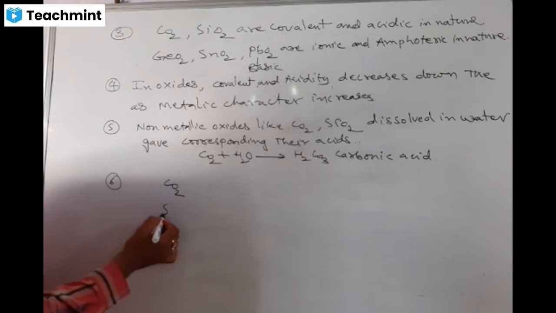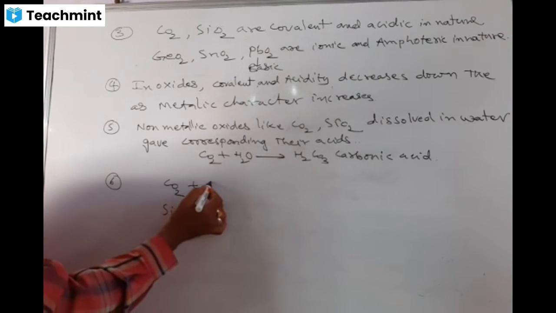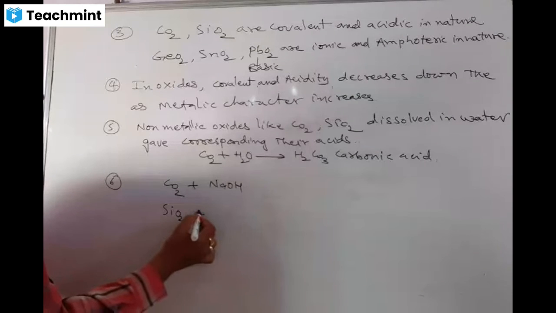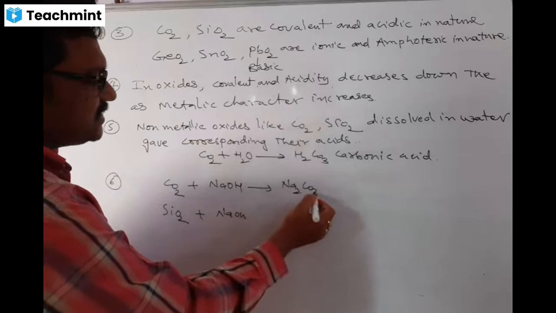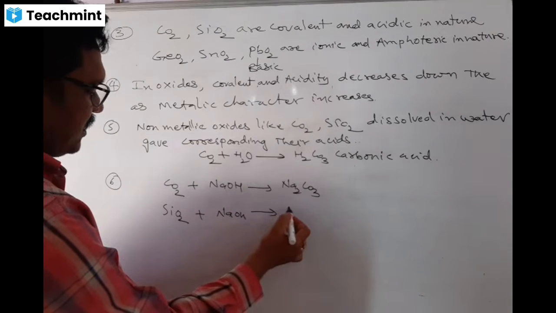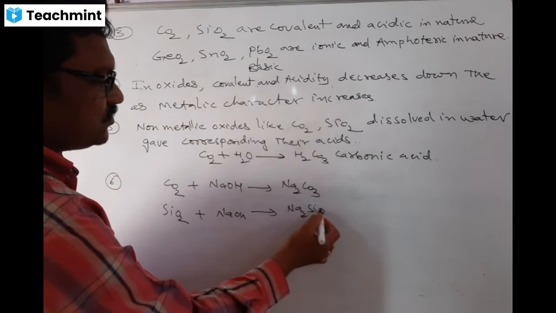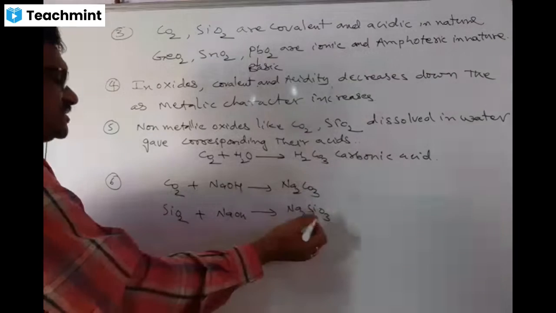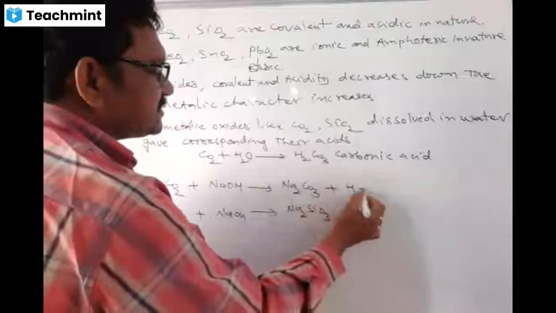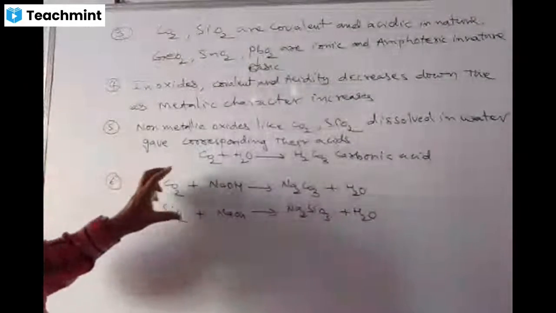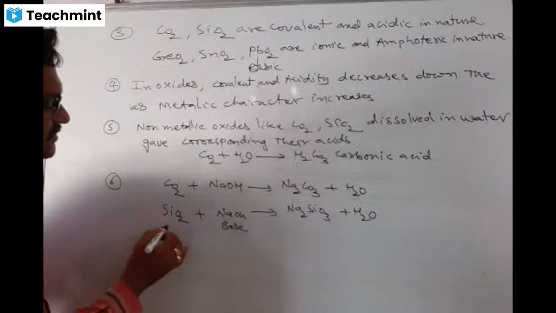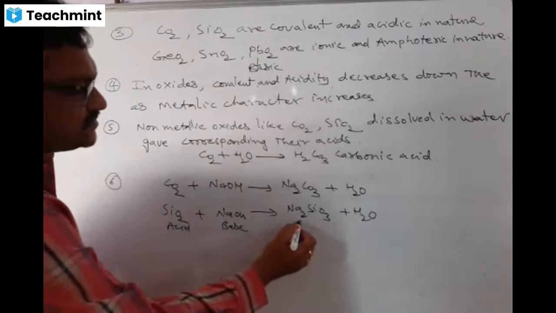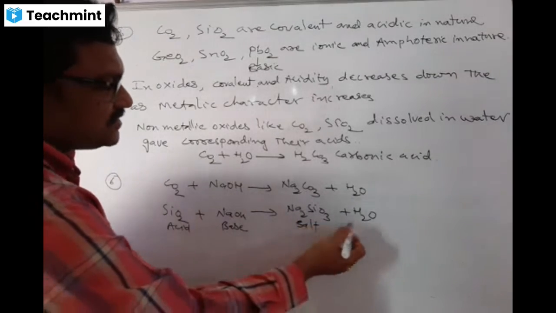So, being acidic, they react with bases like sodium hydroxide to form sodium carbonate, Na2CO3, and sodium silicate, Na2SiO3. The byproduct is water. So being acidic reacts with bases to form salts. Base plus acid gives rise to salt and water.